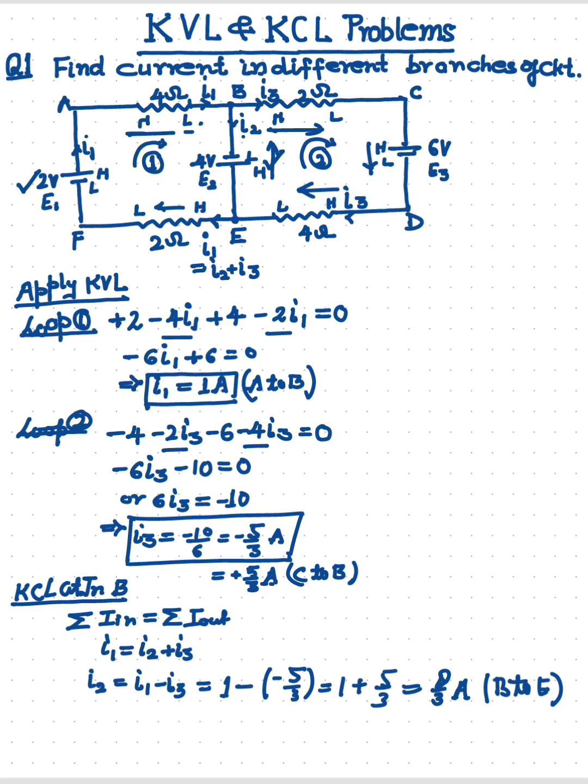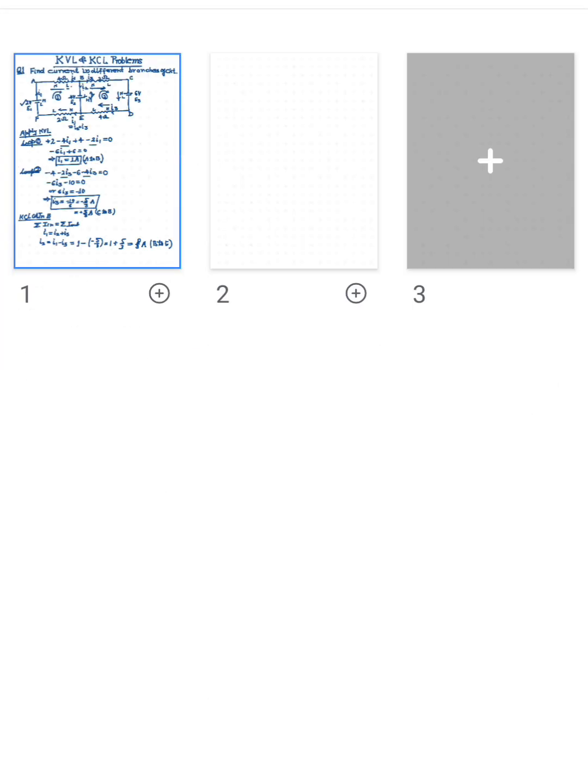So this is one consideration of the current. I have solved this problem. Also, we can solve this problem by another consideration of the current. Let's see. Here I am assuming another consideration of the current, method second.